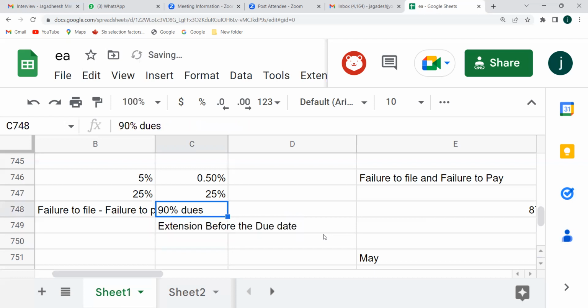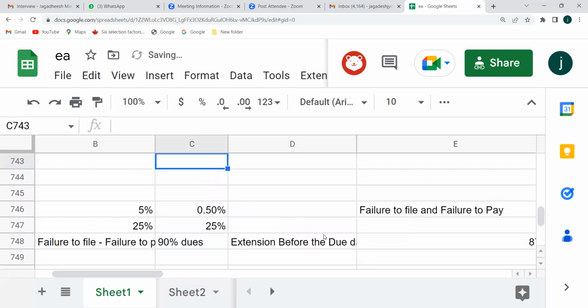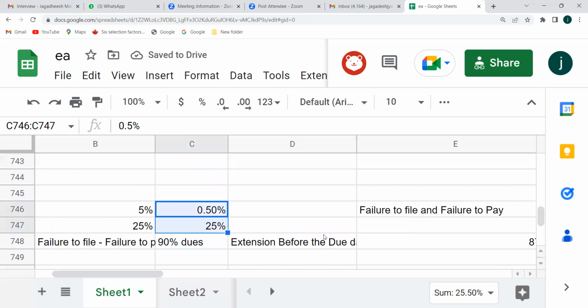So you should pay 90% of the dues, and the extension should be applied before the due date. These two aspects should be done. Then only your failure to pay liabilities will be reduced. So you can avoid these liabilities. The 0.5% you need not pay.